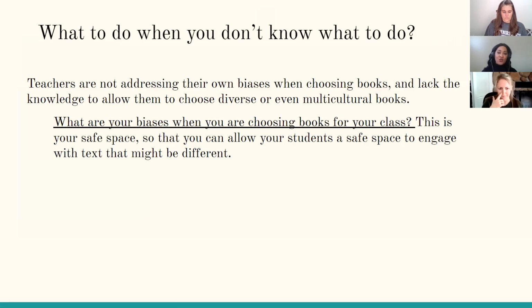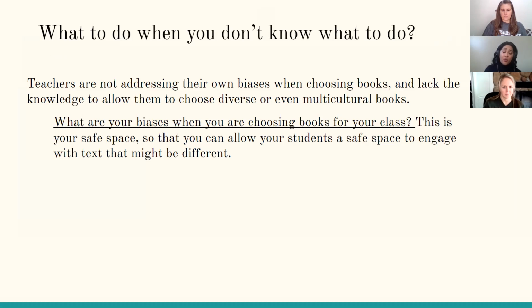So what to do when you don't know what to do? As we mentioned before, there are a lot of teachers who don't know what to look for or what to do when we are trying to pick out effective and high quality diverse literature. In many cases, teachers are not addressing their own biases when they're choosing the books. They don't know how to do it because they don't have the knowledge.